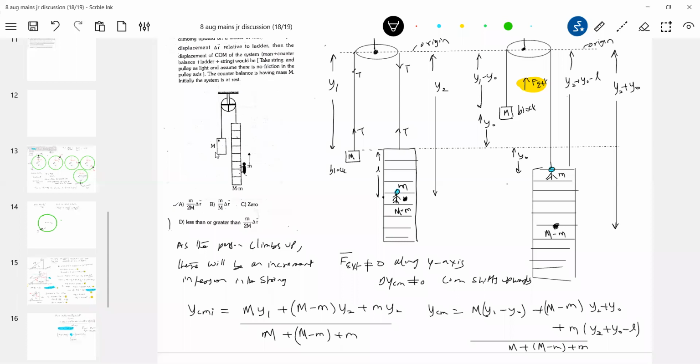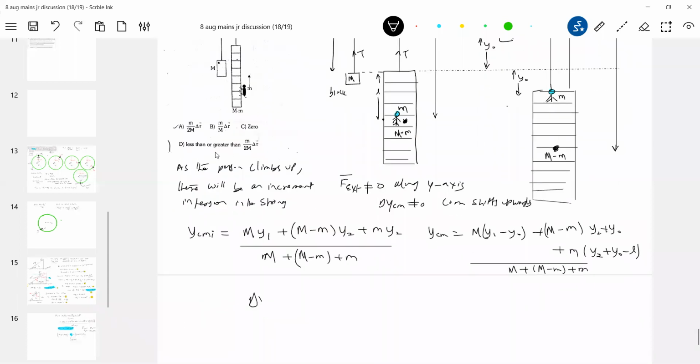So what is delta YCM? The difference of these two, YCMF minus YCMI.